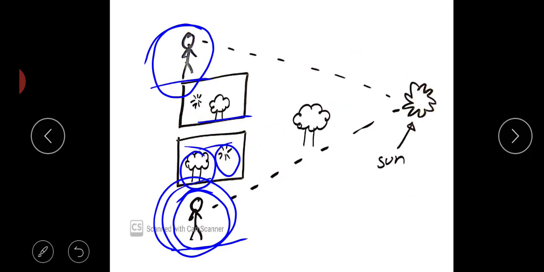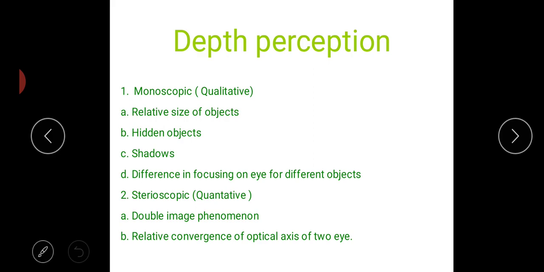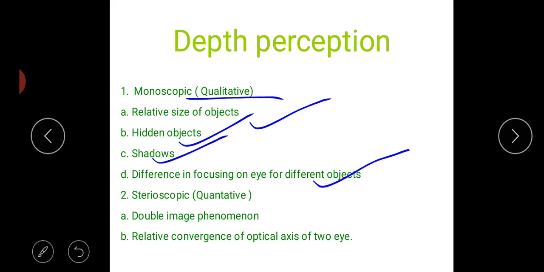We'll move to something called as depth perception. There are two things. One is monoscopic and the other one is stereoscopic. Monoscopic is a quantitative measurement which helps in determining relative size of the object, hidden objects, shadows, difference in focusing of one eye for different objects.